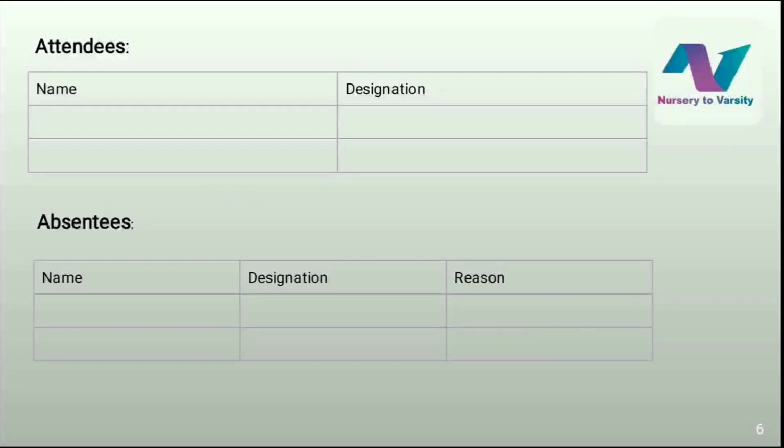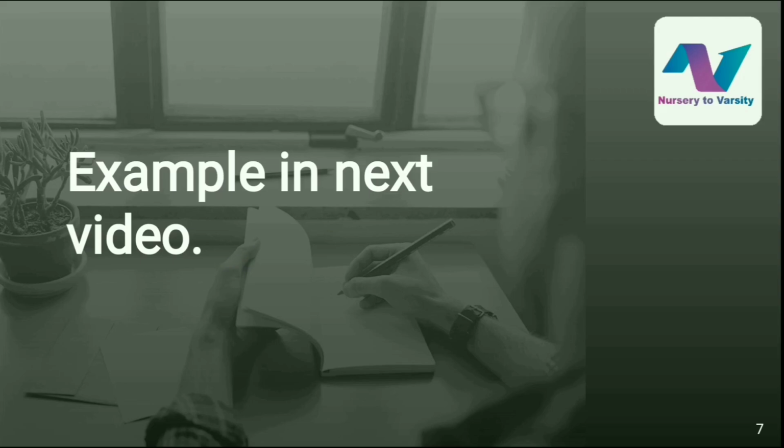You can see on your screen that the attendees and absentees are written in this way: name and designation in a table, and absentees also with name, designation and reason. Now, I hope you understood how to make this table and the reasons for writing why they were absent and their designation. You can watch the next video to see an example of minutes of meeting.